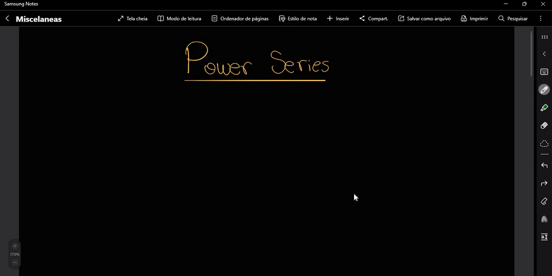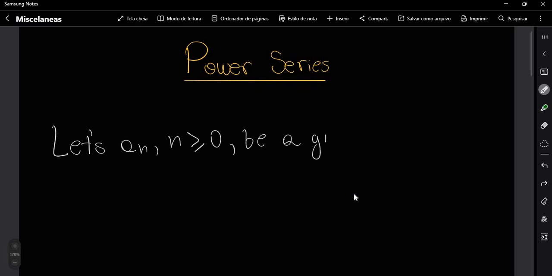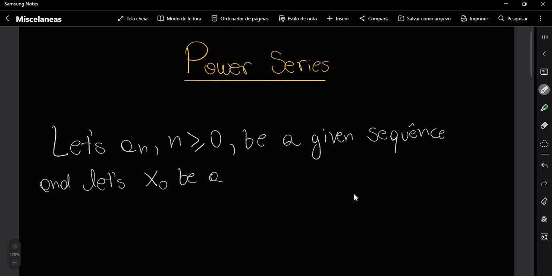So let a_n, with n greater or equal to 0, be a given sequence, and let x0 be a given real.